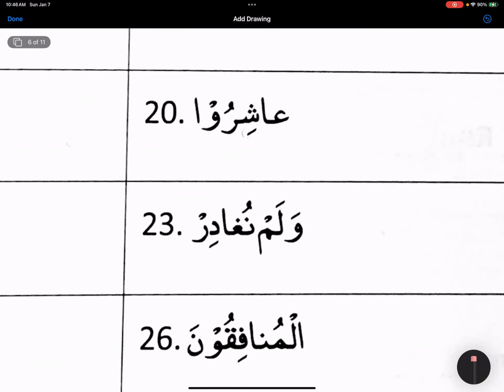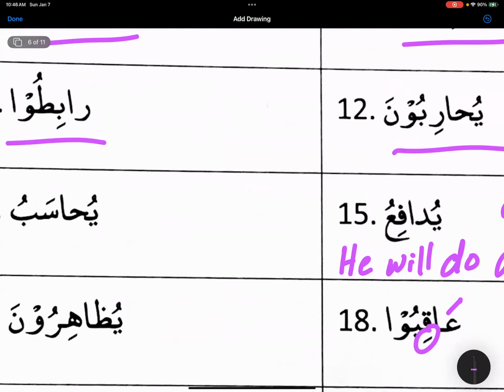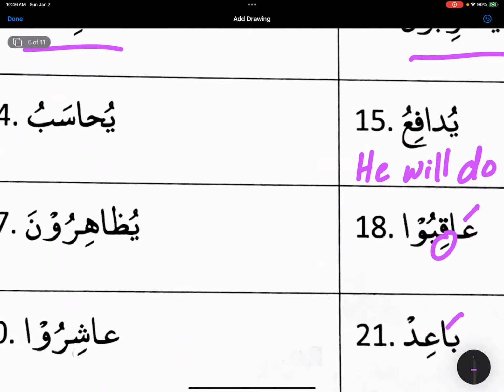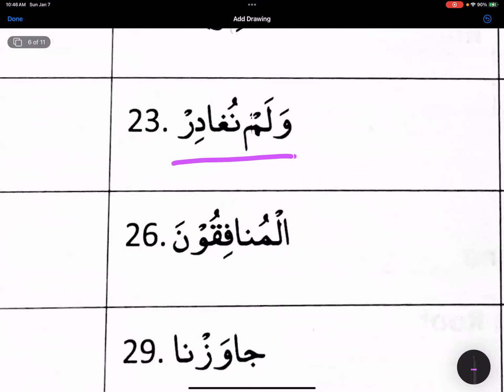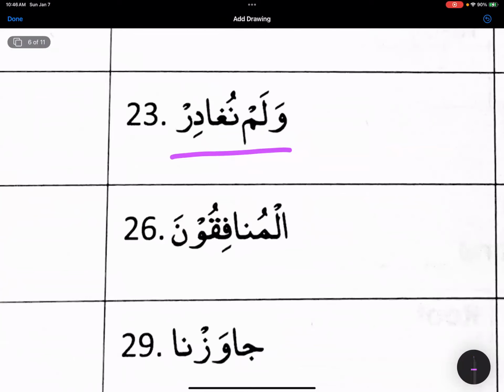Okay, this is interesting. Walam nugadir. So this is basically same as nuqatil, right? Yeah. So walam nugadir. गादिर यानी छुपना, ओके, नहीं छुपा, और नहीं हमने, हमसे छुपी.